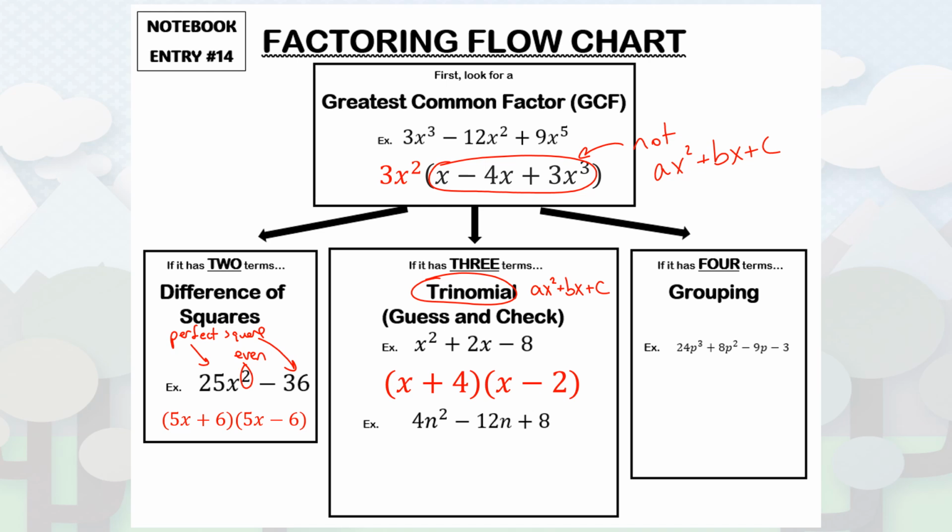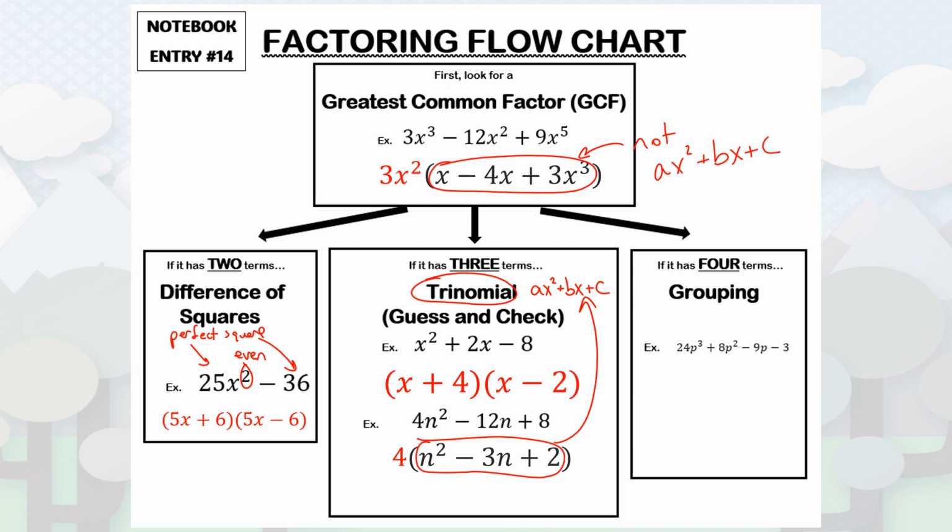For that second example, even though we're in the three-term category, there is a GCF first. So that GCF of 4, we would take that out, and then again, notice the remaining trinomial. Right? That's what I was saying earlier. In this case, this follows the quadratic expression pattern.